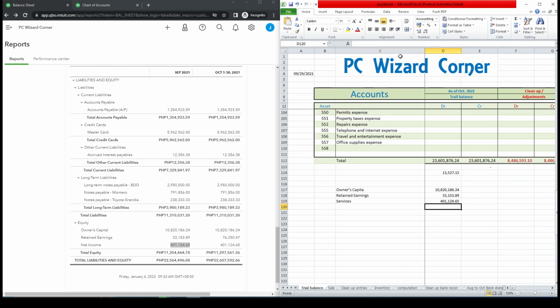There you go. This is QuickBooks. And here, this is the book balance, while here, this is the QuickBooks balance.